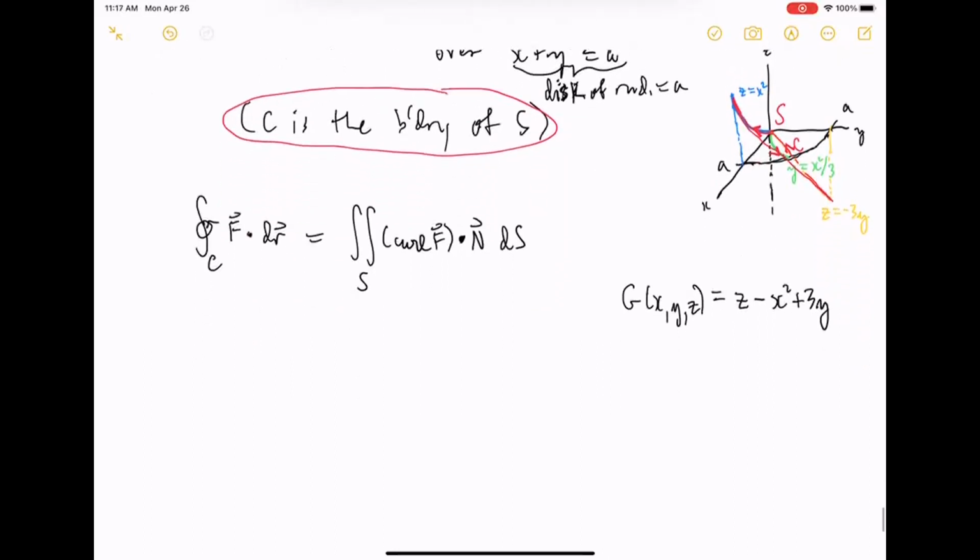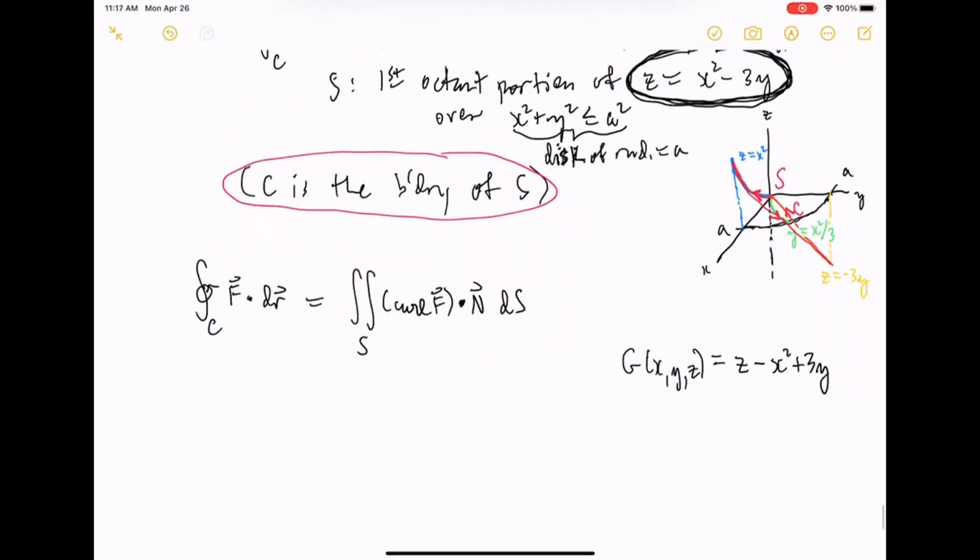The gradient of capital G is equal to, and the reason I did z minus is because I want the upward oriented normal. When I take the z derivative in the third coordinate, it's going to be 1, which means it's going to have upward oriented normal. So the third coordinate is obviously going to be 1. The first 2 coordinates: the x derivative is negative 2x. And what else? What's the y derivative?